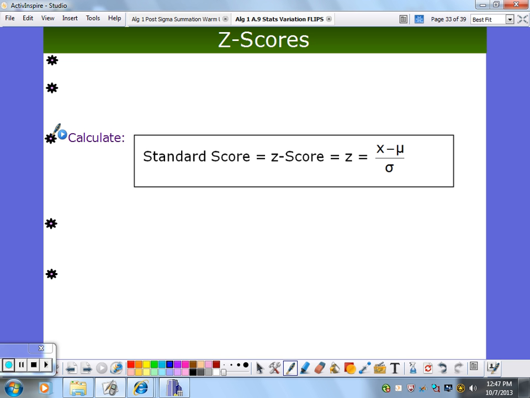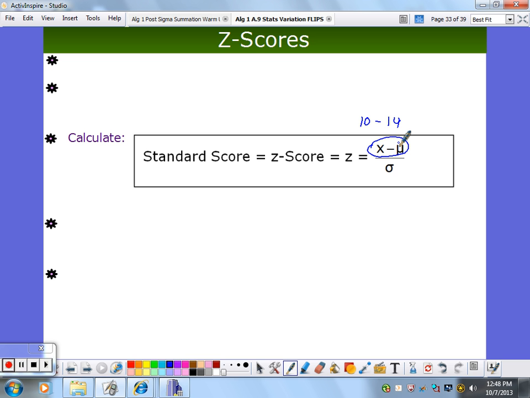X minus mean. Have we seen this before? Claire, what is that thing? Think of the 10-year-old and the 14-year-old.